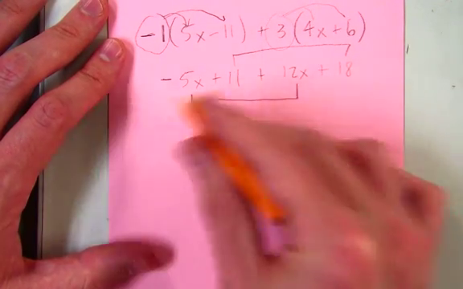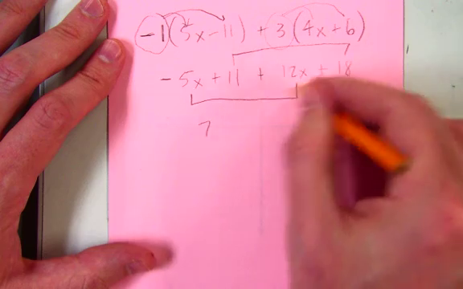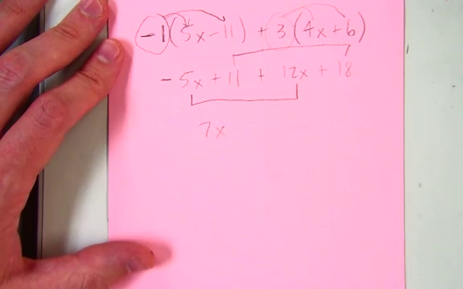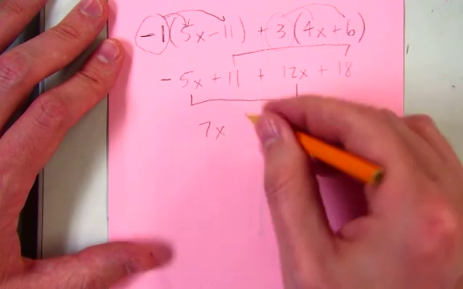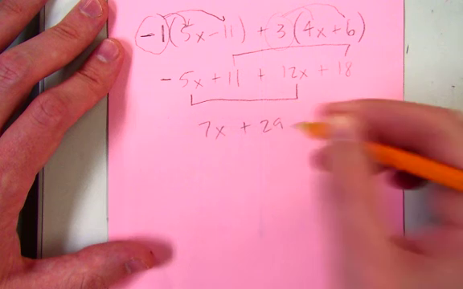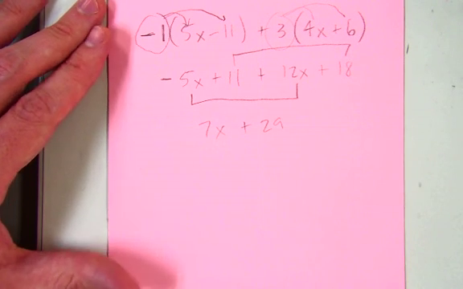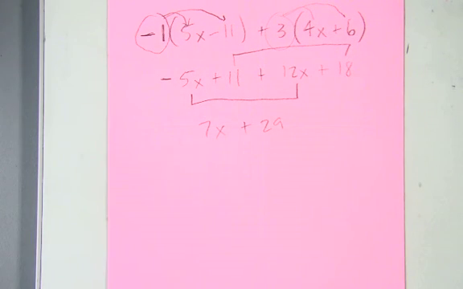We're going to subtract those, so 12 minus 5 is 7. Take the sign of the larger one. Okay, and then 11 and 18, we can put those together. Okay, and we're done because our terms that we have left are not like. So a lot going on in that one. It kind of has all of the ideas from this lesson, so hopefully that makes sense.